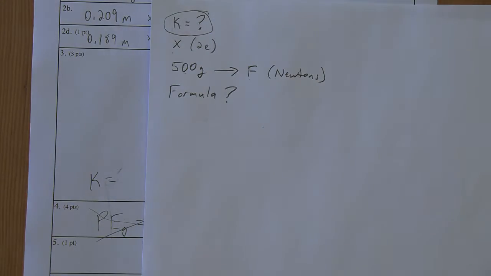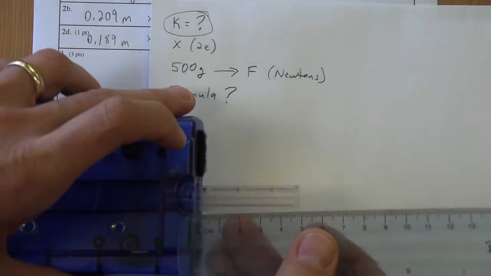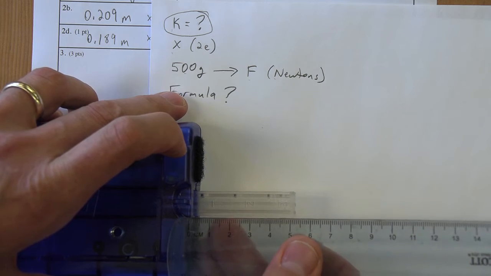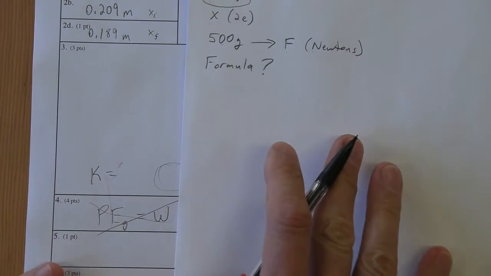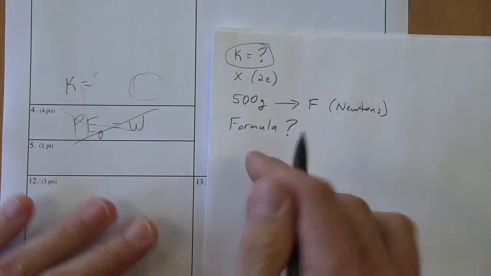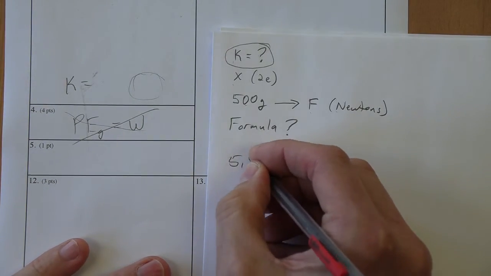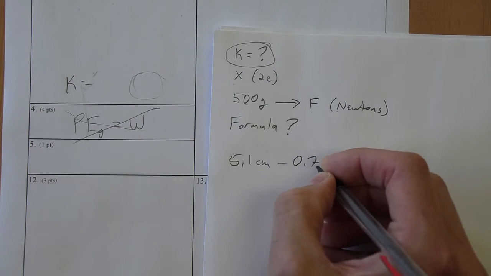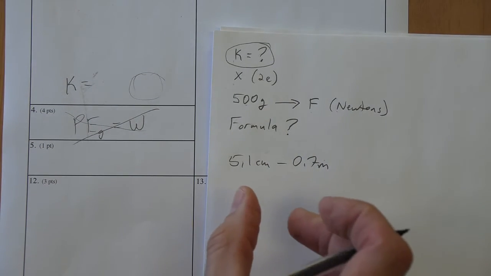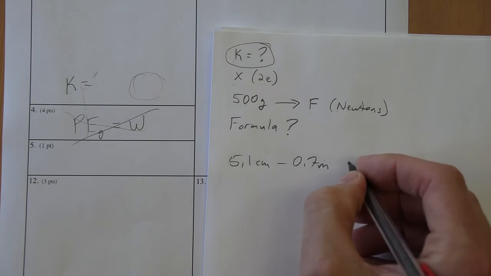So from 5.1 to 0.7, what I need to do is find that spring displacement by saying it was 5.1 centimeters minus 0.7. That's how much it changed by when it was pushed in and when it pops back out.